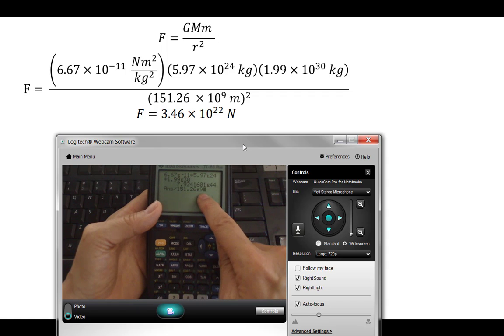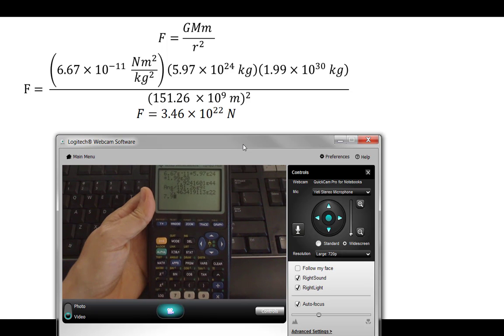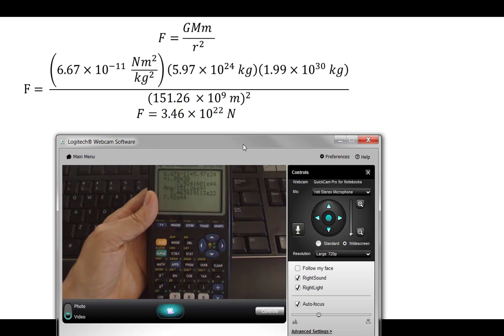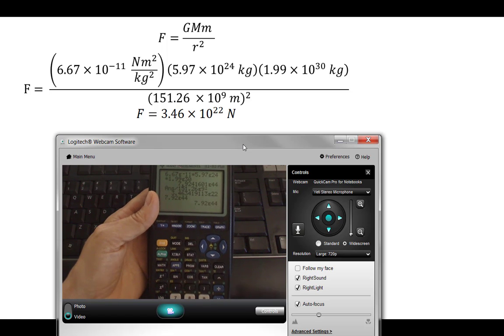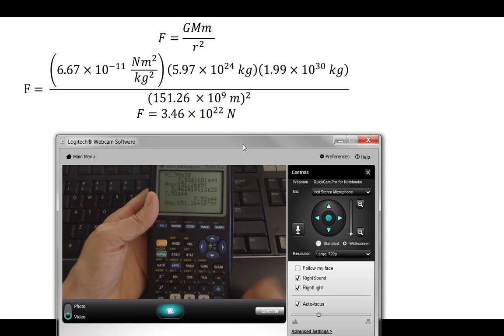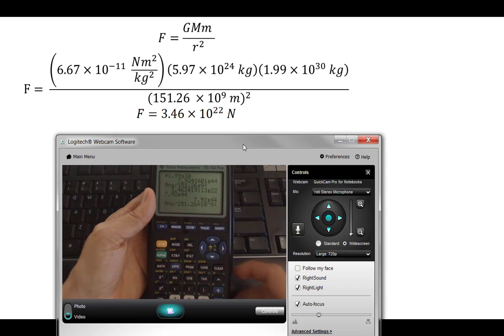Contrast that if I did this. Okay, so there's my numerator back. Okay. So now it looks reasonable, but when I enter it, it doesn't like it at all because it's too big.